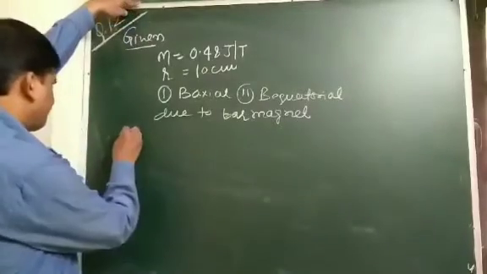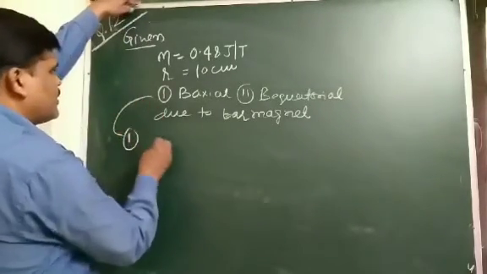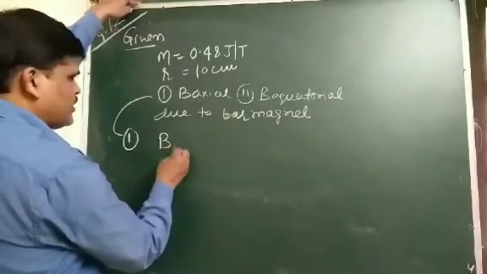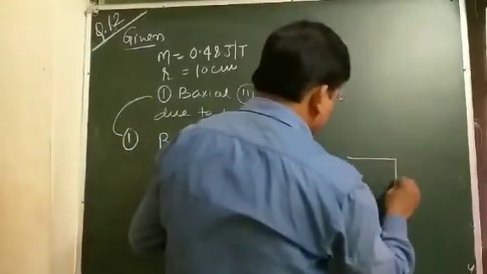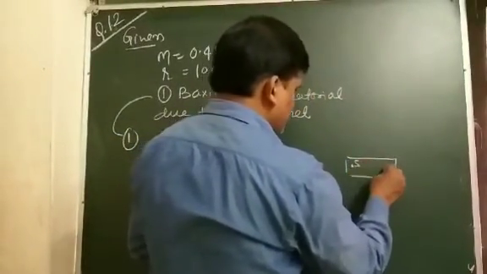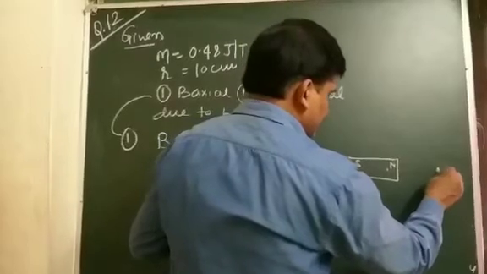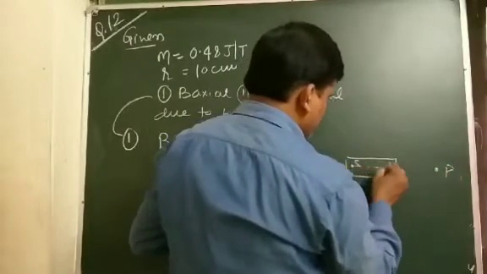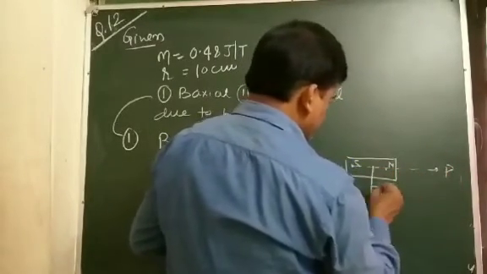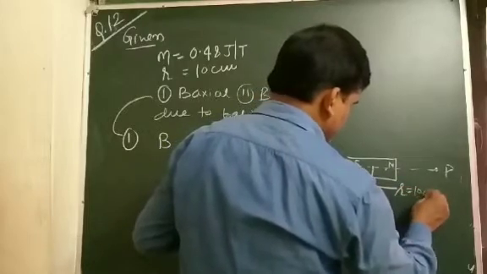So first, B axial. This is the south pole, and this is the north pole, and this is the axial point P. This is the distance r, which is given as 10 centimeter.